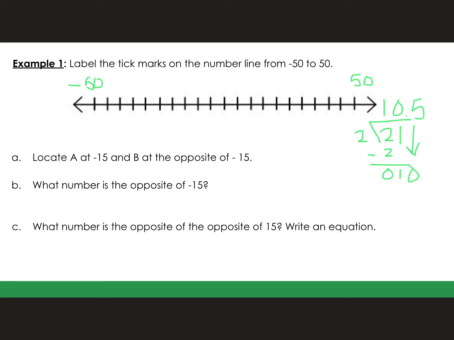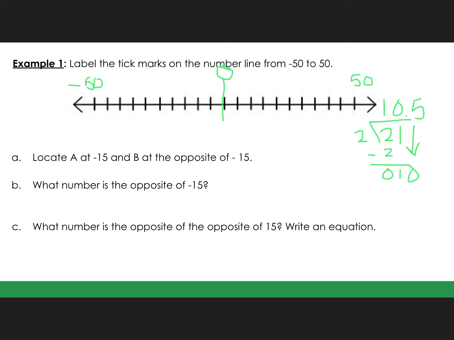So that means there's going to be 10 on either side. So we put 0 right there in the middle. Then I know there's 10 on each side. So if I take 50 and divide it by 10, that means each one of those tick marks is going to be 5.